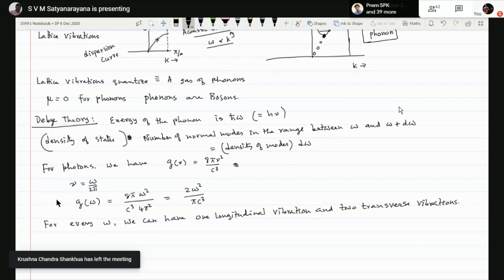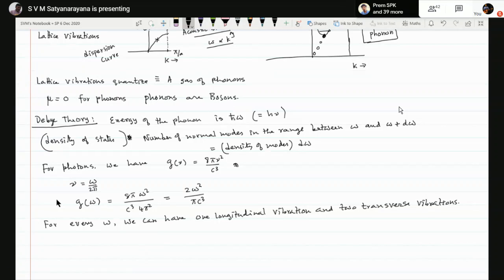In general, the velocities of these propagations can be different. So let's say that the longitudinal vibration has a velocity CL and the transverse vibration has a velocity CT, and these are two in number, and this is one in number.